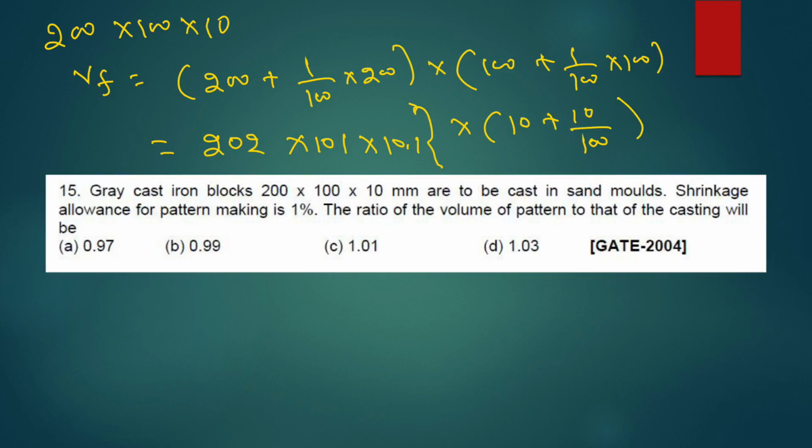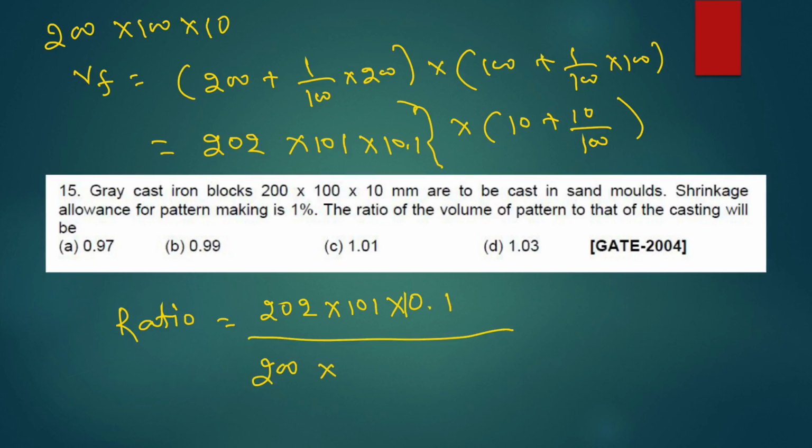So ratio of volume of pattern to that of casting is 202 into 101 into 10.1 divided by casting volume 200 into 100 into 10. If you solve this one, you will get 1.03. So option D is our answer.